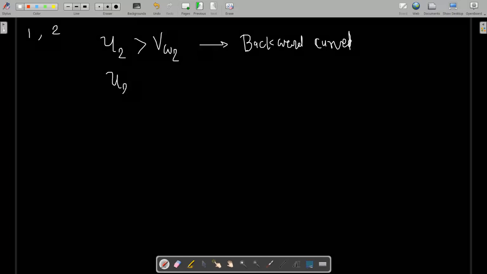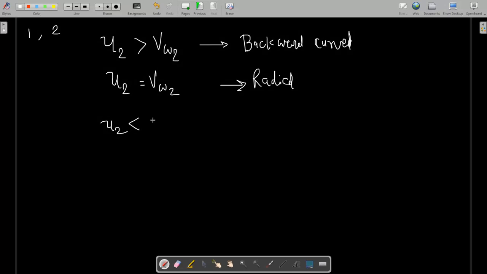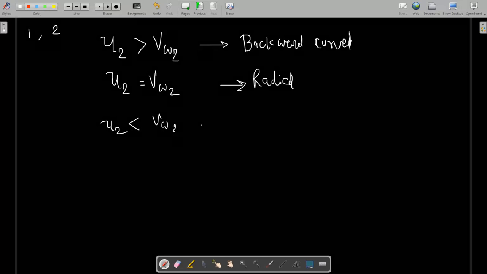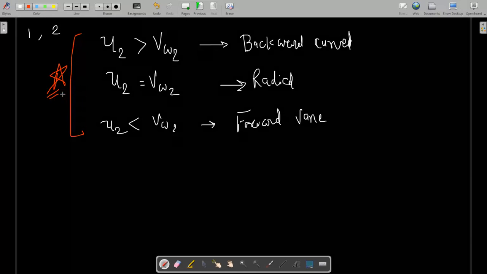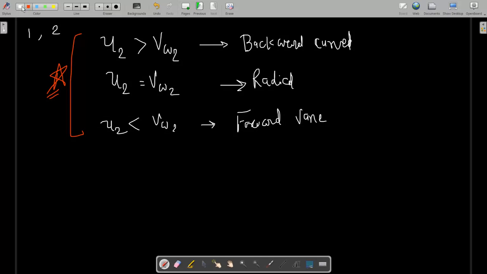If u2 is equal to Vw2, then it is a radial vane, and if u2 is less than Vw2, then it is a forward curved vane. This is the relation that you have to remember for solving this. Now we do not have u2 and Vw2, so first of all we will find them.